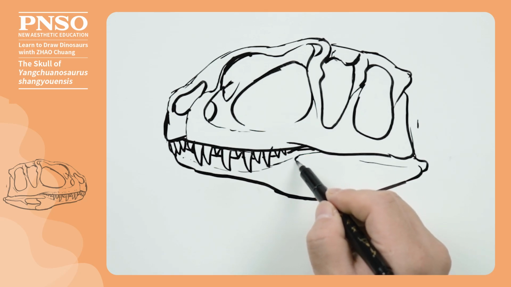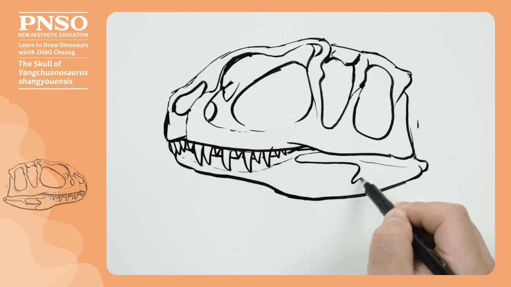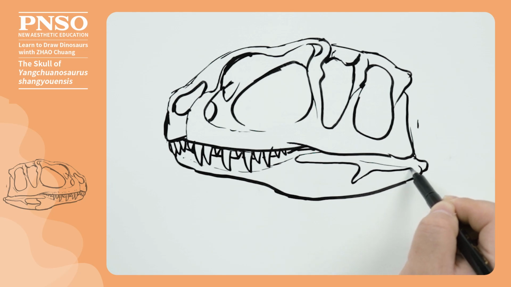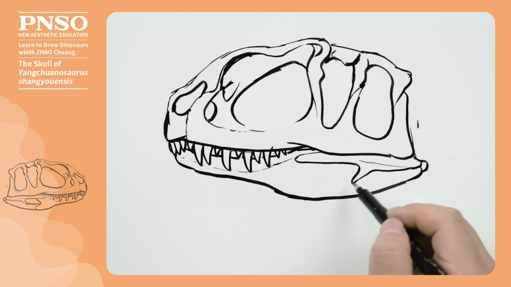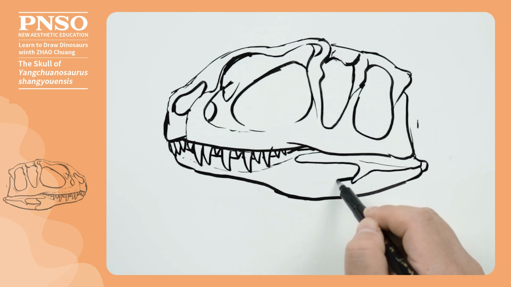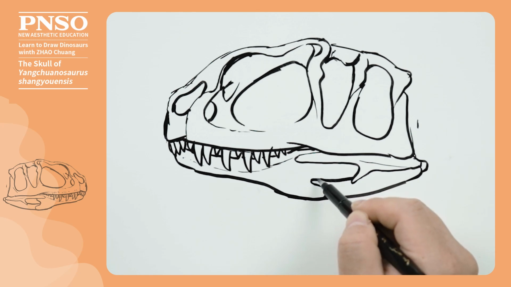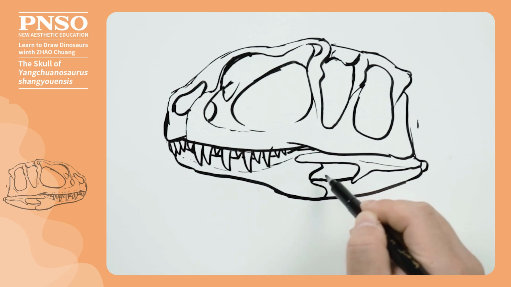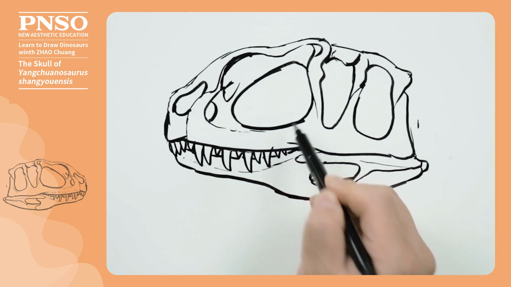Here, we draw the boundaries of these bones, first the surangular bone, then the angular bone, and in front of this line is the mandible, which is also called the dentary bone.